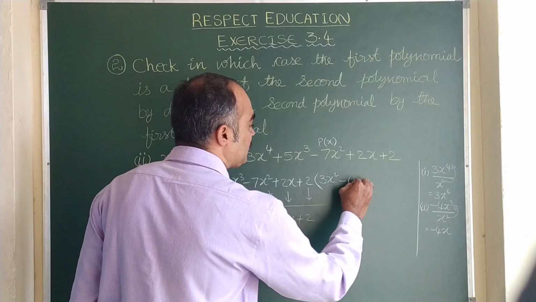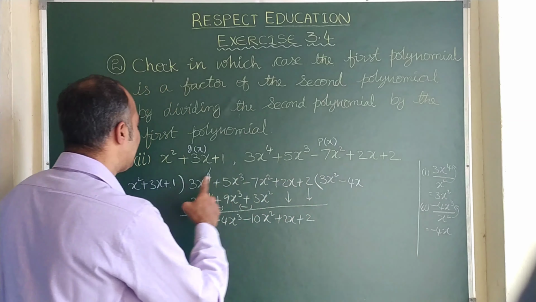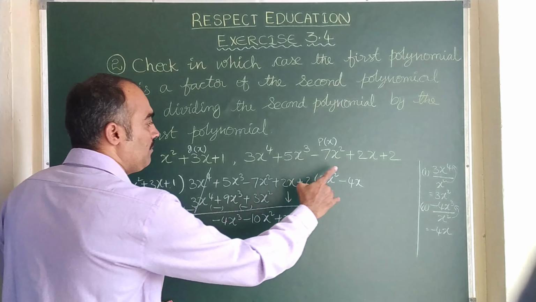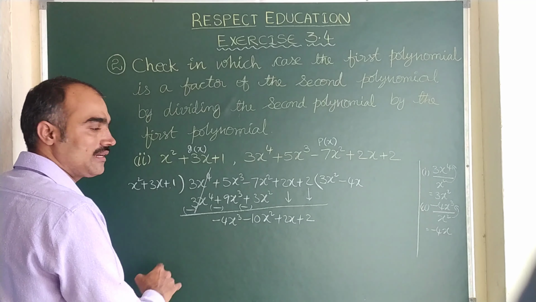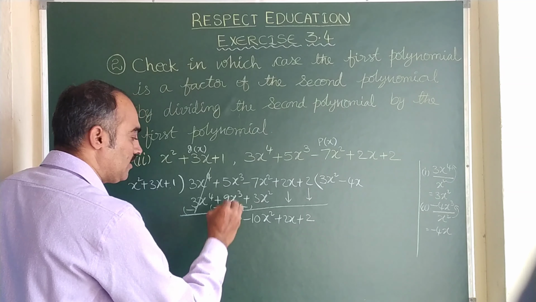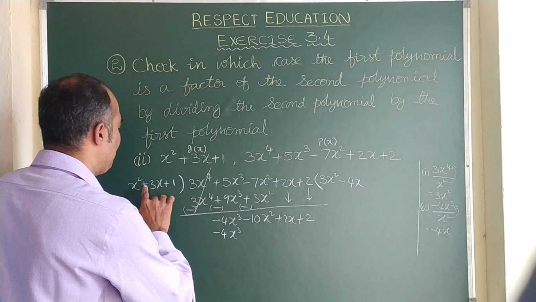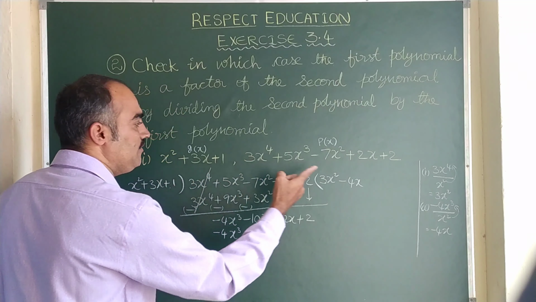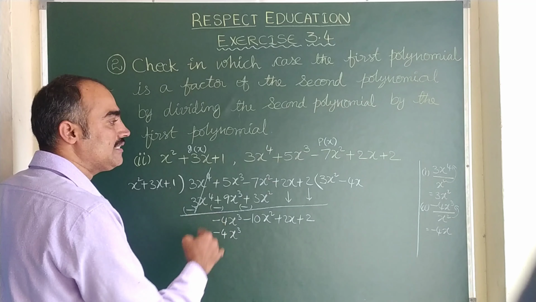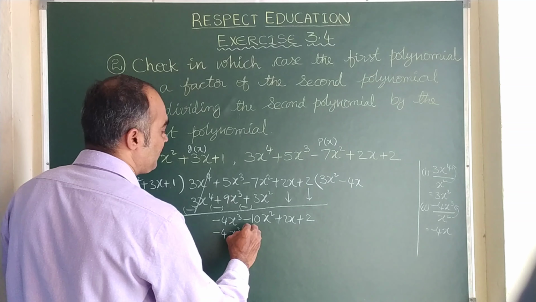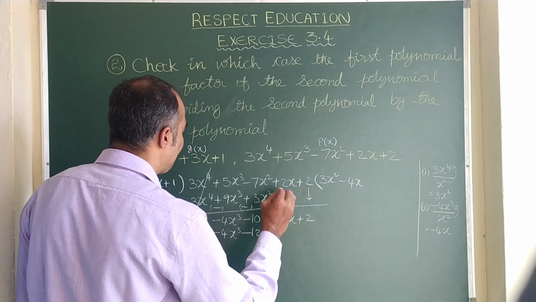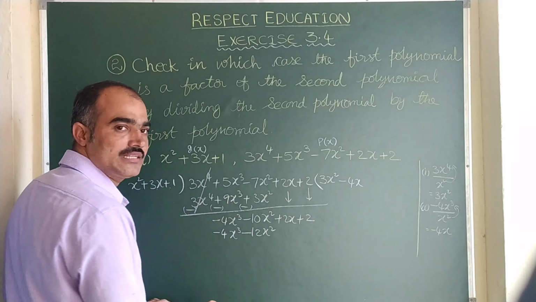So let us write minus 4x here. With minus 4x let us multiply all the three. Minus 4x into x^2: minus 4 1s are 4, x^2 into x is x^3. Plus into minus is minus. 3 4s are 12, x into x is x^2, that is minus 12x^2. Plus 1 into minus 4x is minus 4x.